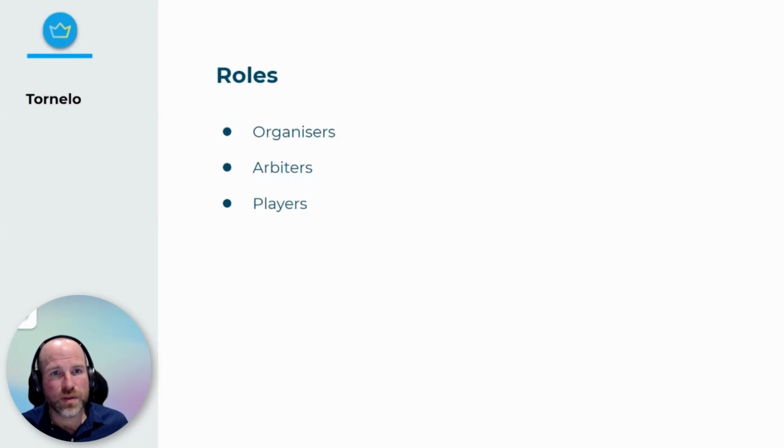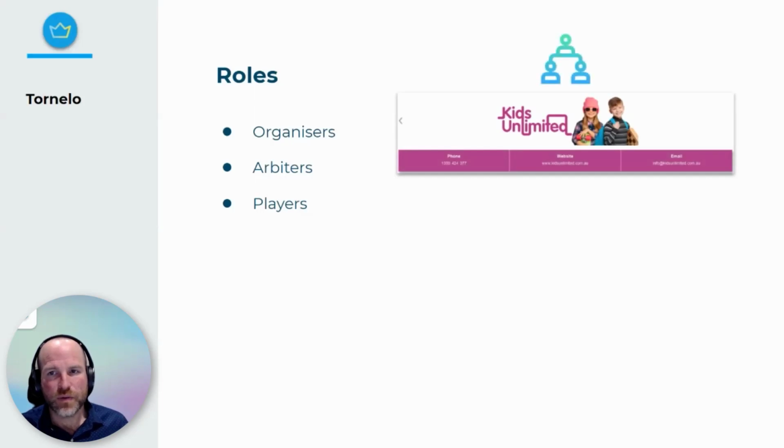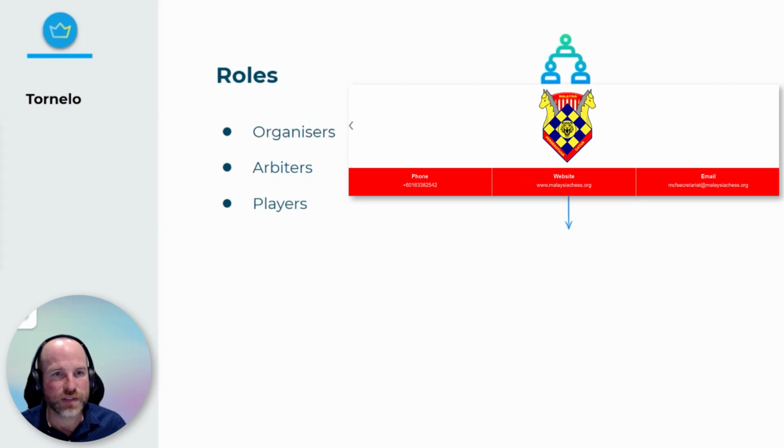The type of people that use Tornelo, we have three roles on the site. We have organizers. An organizer is somebody who owns an organization. They are in charge of a logo, basically. So that might be a coaching organization like Kids Unlimited. It might be a chess federation.